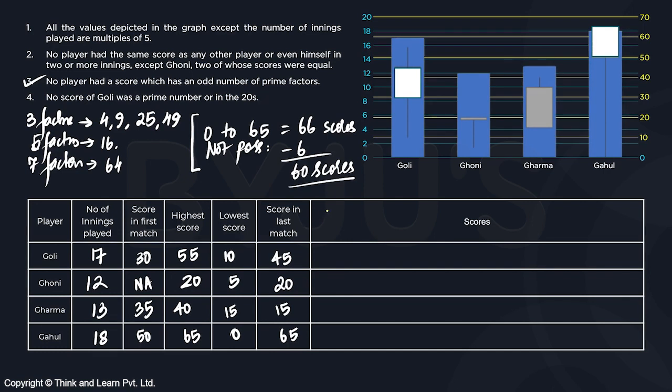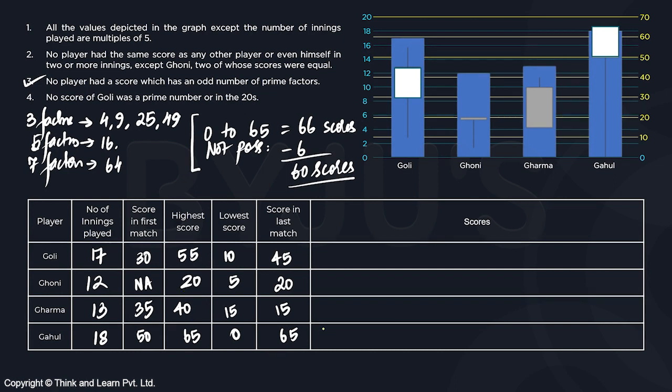Next, if we talk about 56 and 63: if you look at Goli, the highest score is 55. For Goni, it is 20. Garma is 40. Gahul is up to 65. So we can say that the largest score among Goli, Goni and Garma is 55.